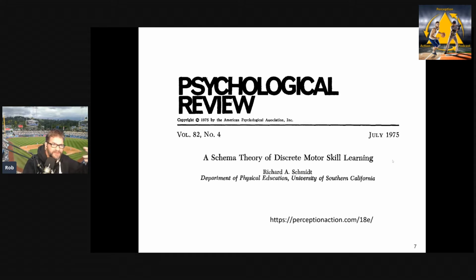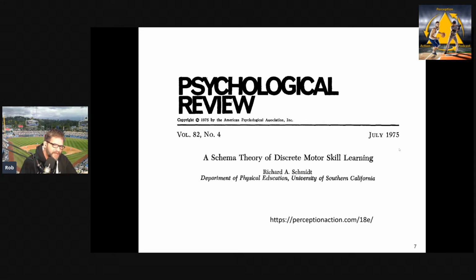Obviously, this is one of the most influential papers in motor learning there is, so it was a good idea, but as he said, it's not like he came up with a completely new concept. I actually talked about Schmidt when he passed away a few years ago, hugely influential person in motor control and motor learning. I talked about him in that episode and a bit about schema theory and the generalized motor program.